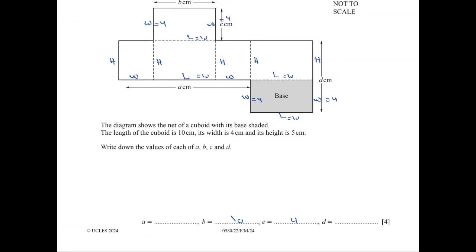The value of its height is 5. So D is equal to 5 plus 4. It means D equals 9. And the value of A is equal to length plus 2 width, which is 10 plus 2 times 4. It means 18 centimeters. This is question number 4.